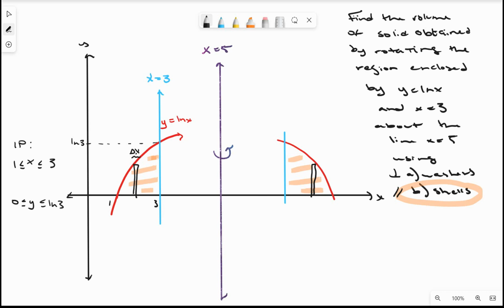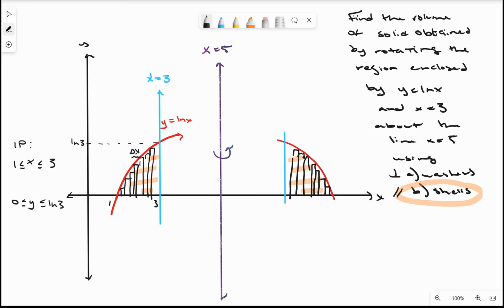What we're doing is creating these shells from here, x equals 1 to x equals 3. Not the best drawing here, but you get the idea, hopefully.